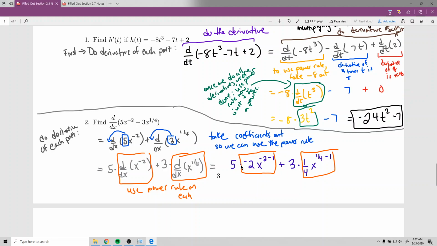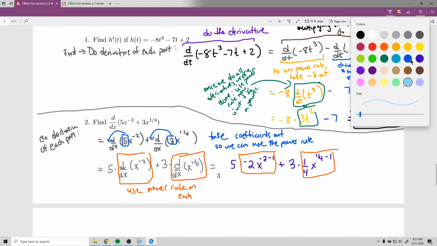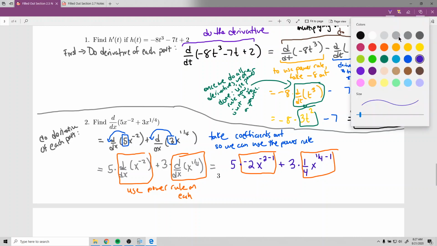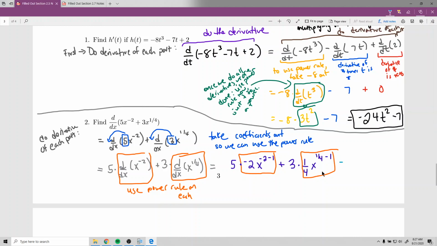Also, because we have multiplication here with the coefficients, let's just make sure we multiply those two, make it a little bit simpler to read. And so here, 5 times -2 is -10, x to the -2 minus 1, which is -3, plus 3 times 1/4 is 3/4, x.